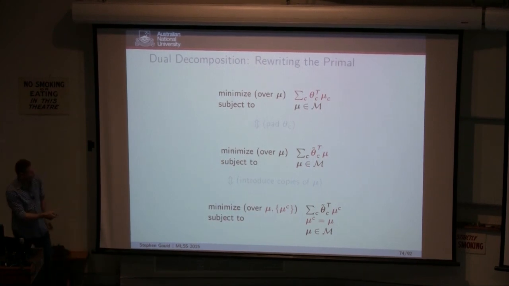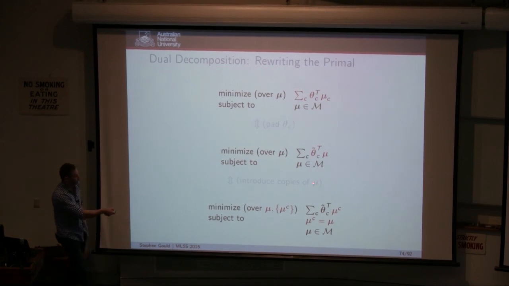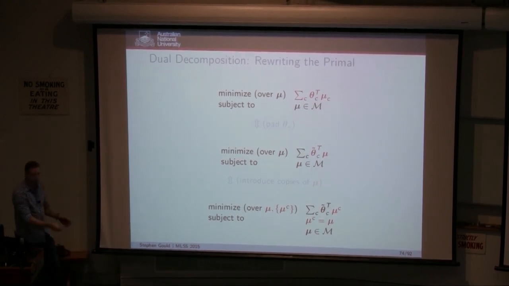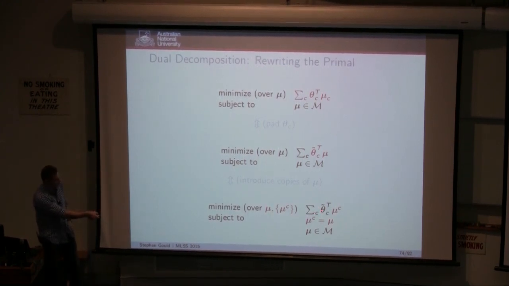So now the last step is I'm going to introduce copies of mu. So for each clique in my model, I'm going to introduce a completely new copy of all of the indicators. And so I now have the inner product for each clique C of the parameters for that clique times this copy of the variables.